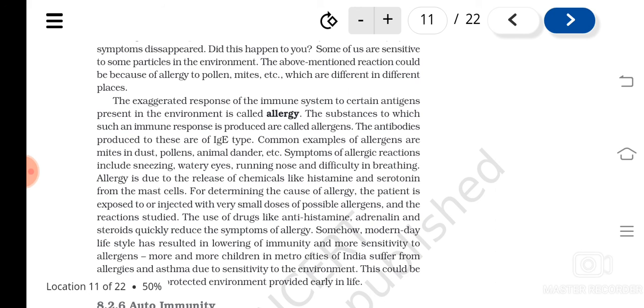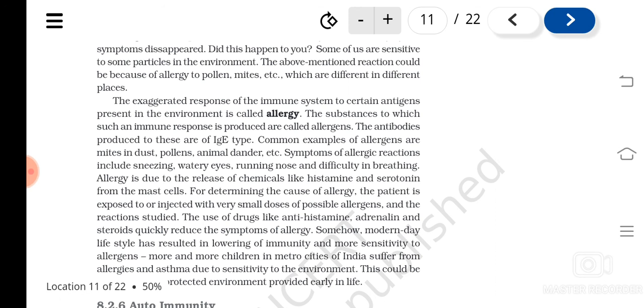And modern day lifestyles lower the immunity and increase the sensitivity to allergens. Due to the modern lifestyle we are not having healthy food, isn't it? Because of all this, the power of the immune system becomes less, and we are becoming more sensitive to allergens.